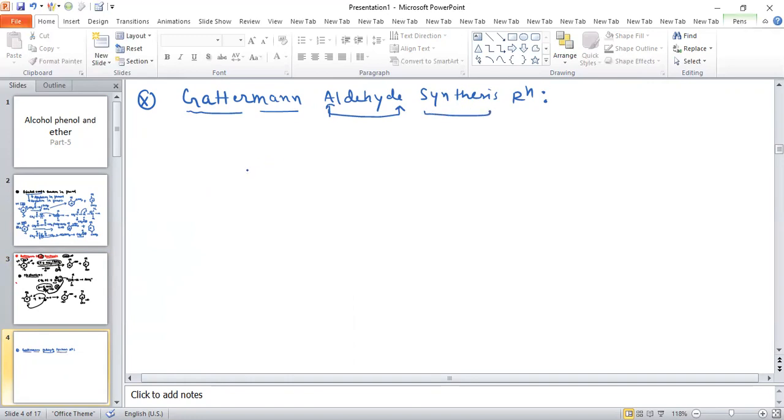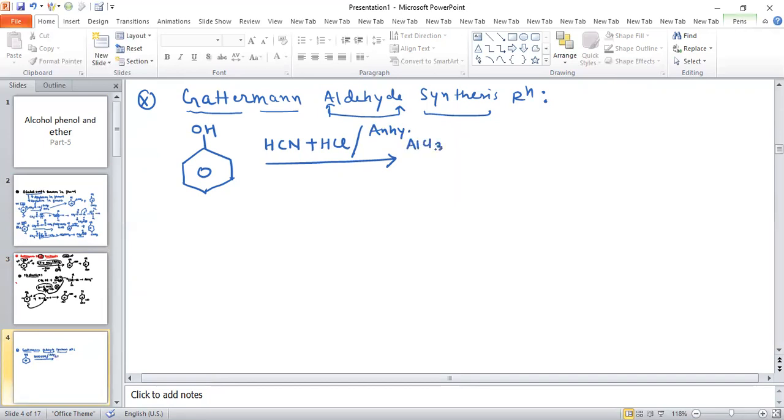Now you can see, if phenol is used, this is the phenol OH group. In the first step, we use HCN plus HCl in the presence of anhydrous AlCl3.